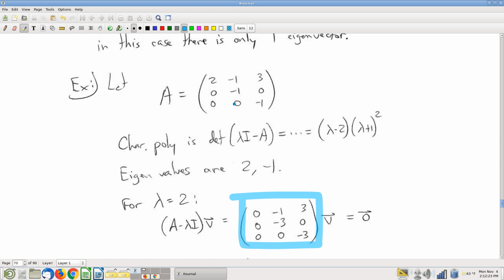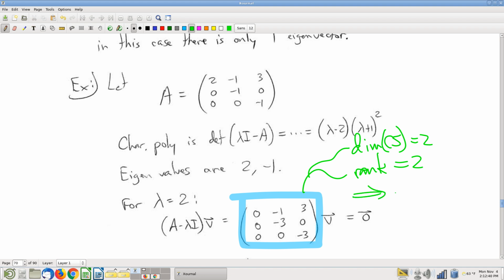And if the rank is 2, let's see here. The dimension of the column space is 2, so the rank is 2, and that means that the dimension of the null space is 3 minus 2, and therefore 1.